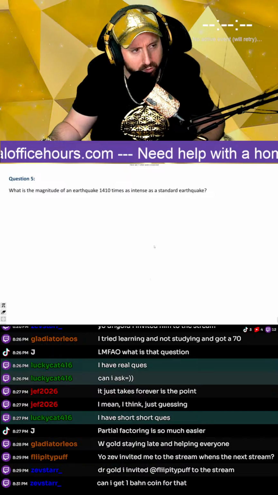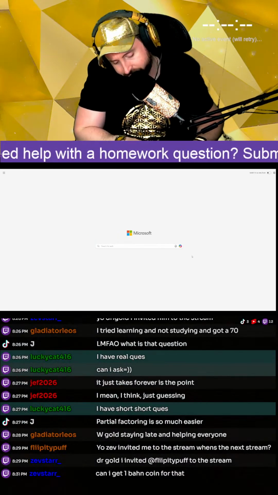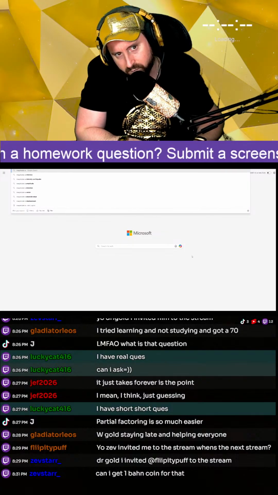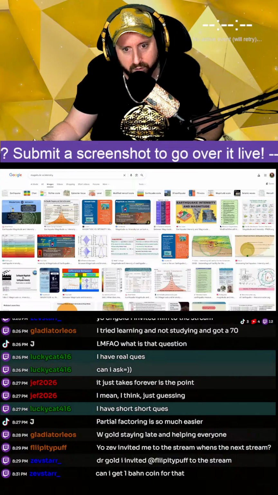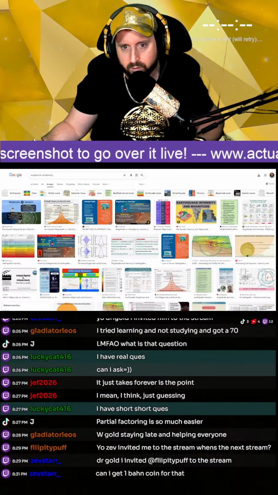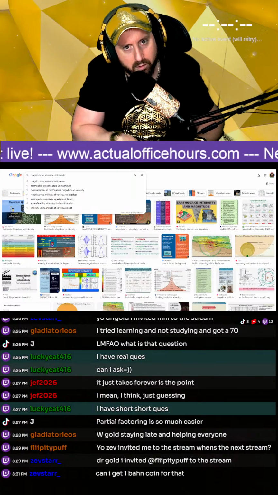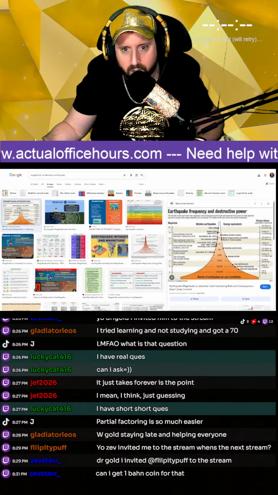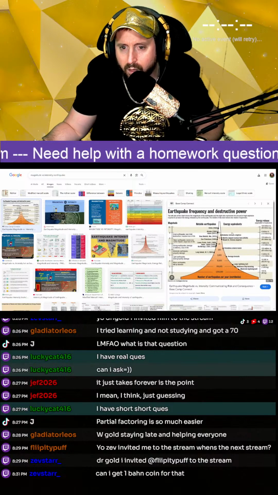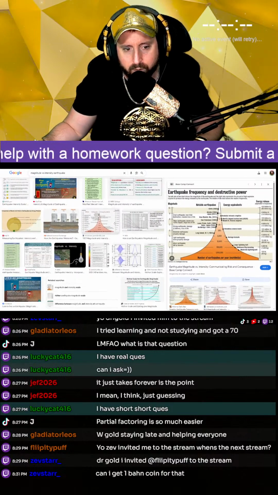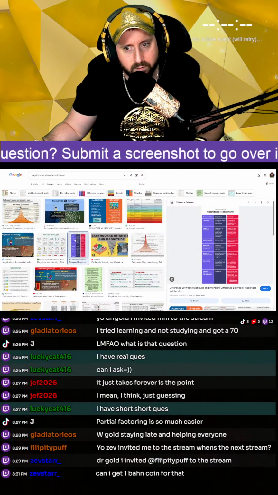Or is magnitude squared equal to intensity? Oh, it's probably logarithmic because it's the Richter scale. Yeah, I want to say it's like log base 10 or something. Yeah, I think it's something like that. Ooh, energy equivalent. Where do they put this? Where are these formulas?